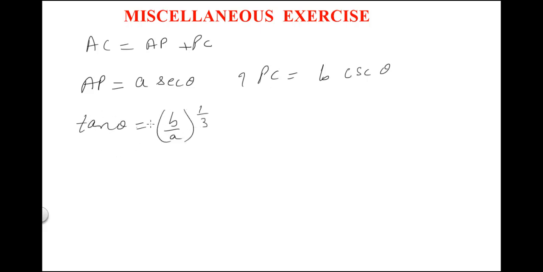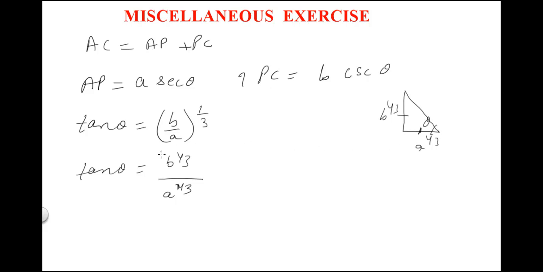So from here we can actually calculate tan theta, if I separate the power, b to the power 1 by 3 and a to the power 1 by 3. We know tan theta is the ratio of the perpendicular and the base, or the opposite side and the adjacent side, if this is theta. So we have b to the power 1 by 3 and a to the power 1 by 3.